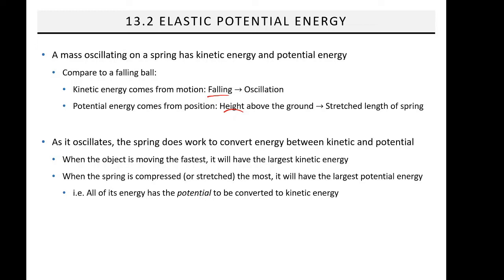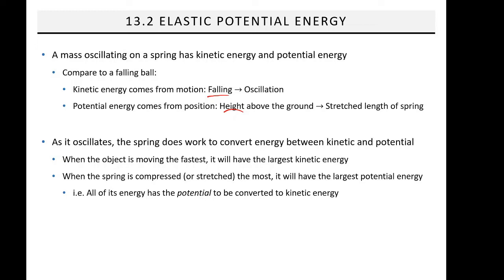Now, as the spring oscillates, it does work to convert energy between kinetic and potential energy. So when the object is moving the fastest, it will have the largest kinetic energy. This happens as the object passes the equilibrium position, as we saw a few slides ago.